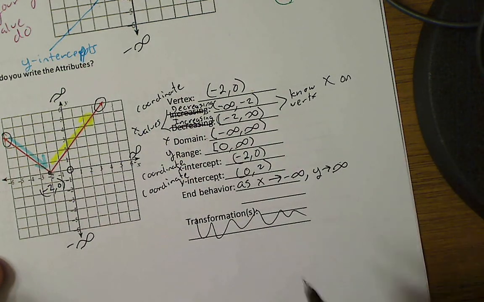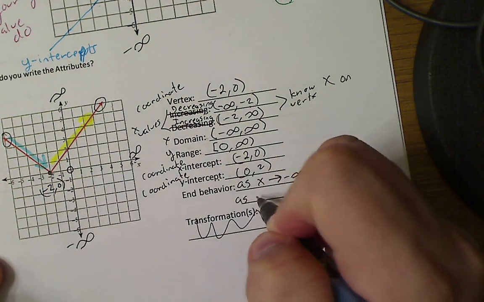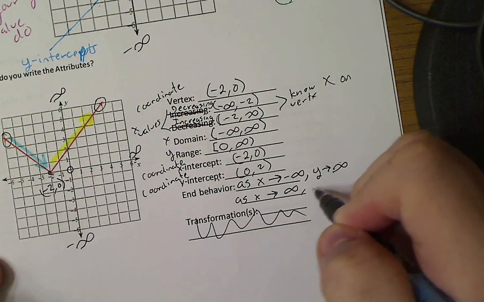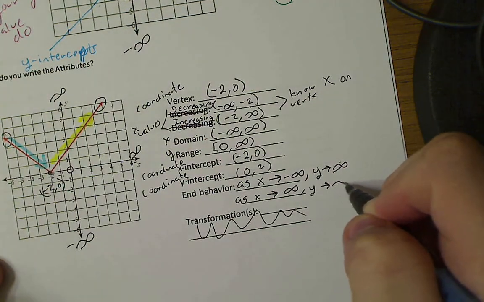That's one. I'm going to write the second one, and I'll explain exactly what I'm doing. As x approaches positive infinity, y is approaching positive infinity.